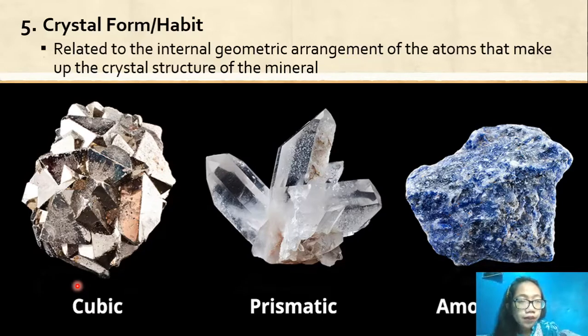That's the crystal form, which some books refer to as a habit. Some may be cubic in nature, some are prismatic, which looks very mysterious. That's maybe why they sell it as mystical healing stones, but that's just the normal form of the mineral. And then we have the amorphous ones, which don't have a definite shape.